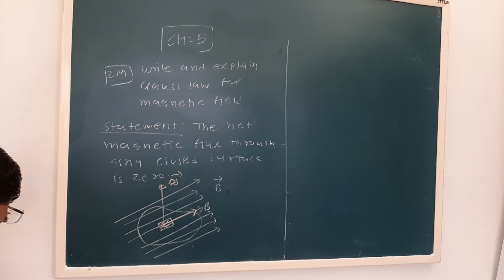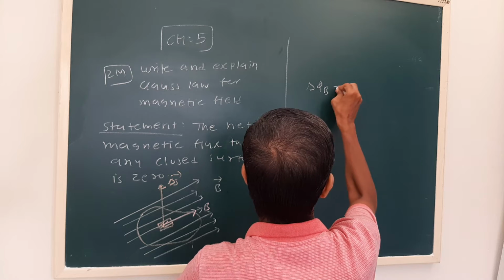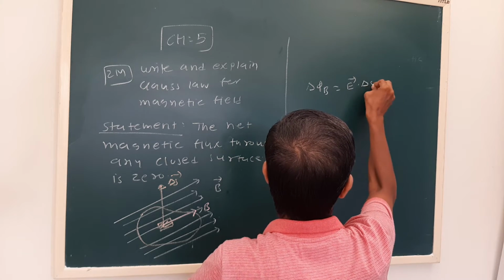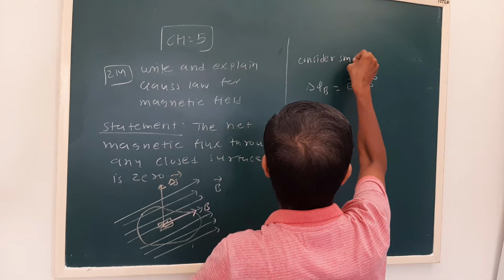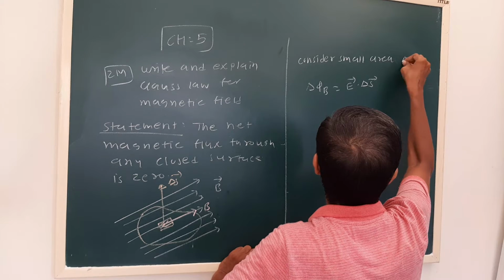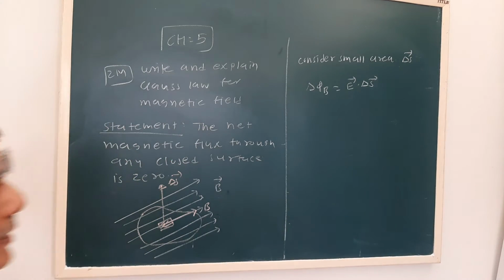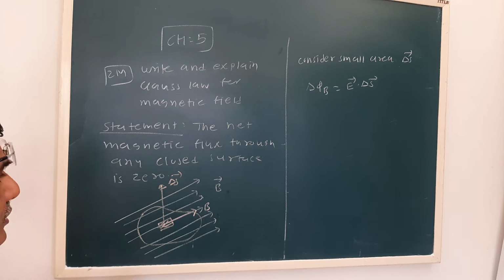Now see the flux phi B for this small section. Consider a small area delta S. So see, the magnetic flux phi is B dot delta S. Now this is the magnetic flux for this small section.